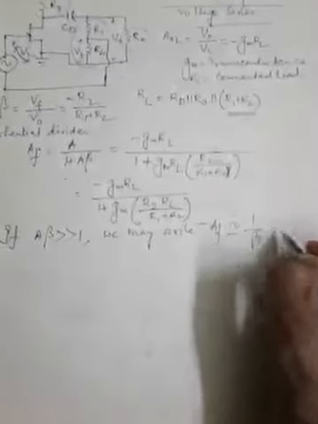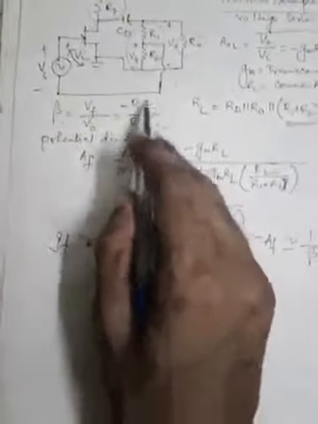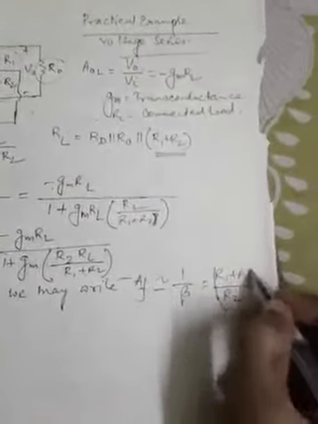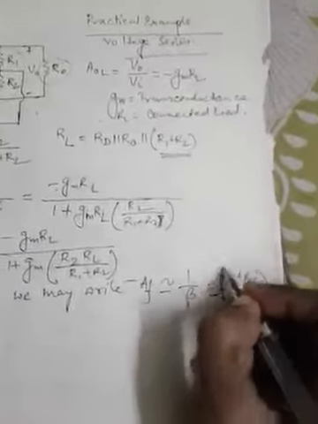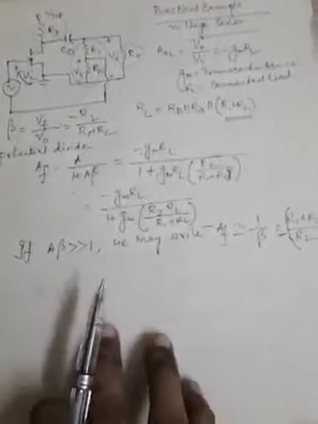That means, beta means it is R2 by R1 plus R2, so R1 plus R2 divided by R2, okay, and with a minus sign in front of this term. So this is the derivation for this particular circuit while using the topology voltage series feedback.